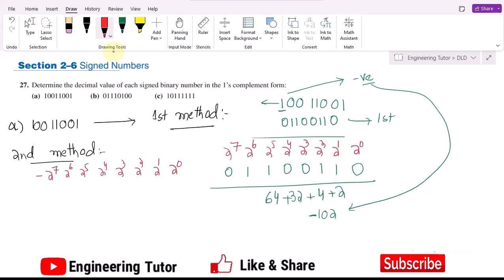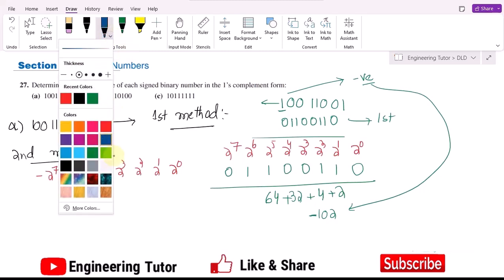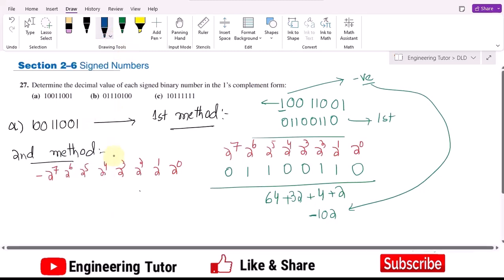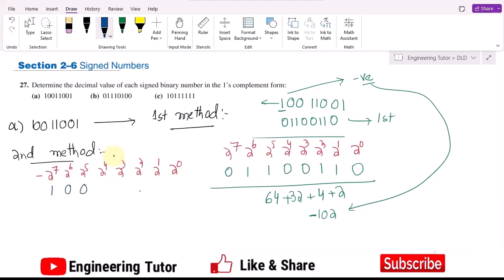We have to write the negative sign with this 2 raised to power 7, and now we have to write the bits here. Let me use the blue color for method number 2. Writing the bits, I will get 1 0 0 1 1 0 0 1. Now converting it, again the same procedure.